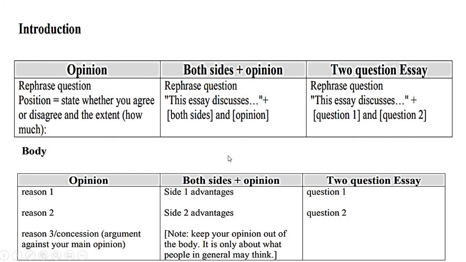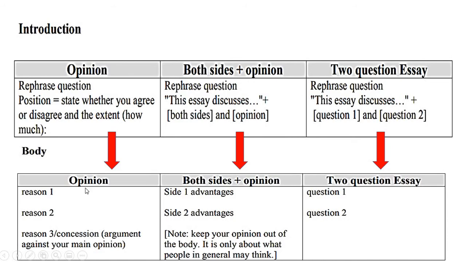What is your opinion? And then the two-question essay. First, paraphrase the question as usual. So this essay discusses what? Question 1, question 2. Or the causes and the effects, the problems and the solutions. So I want you to look at those.